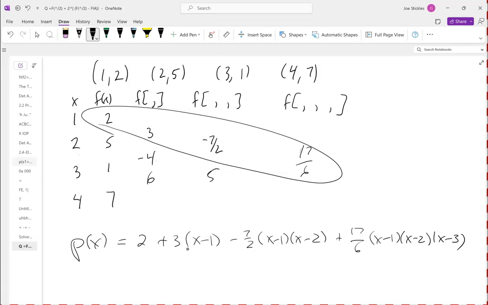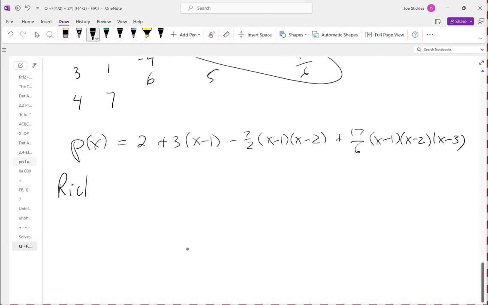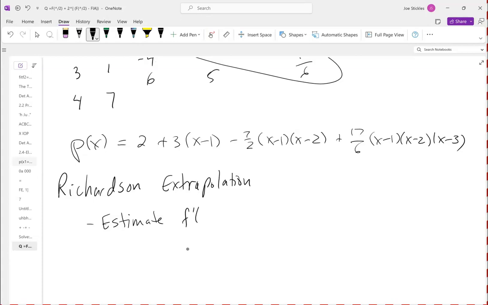Then the last thing we've been talking about is your Richardson extrapolation. Estimate an approximation, probably going to be a derivative because that's what we've been estimating most of the time, right? So estimate a derivative using the extrapolation process, just like what we did in the example at the beginning of class.